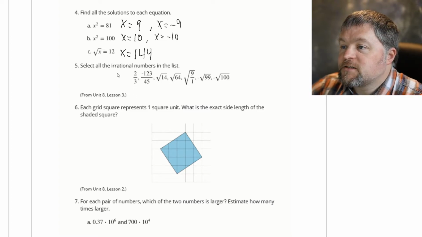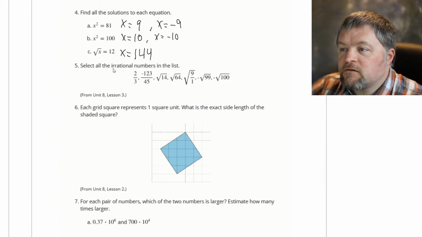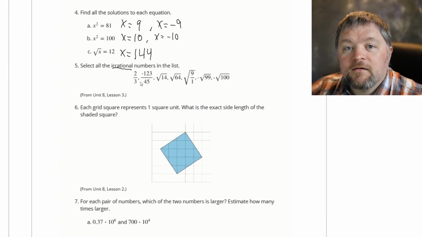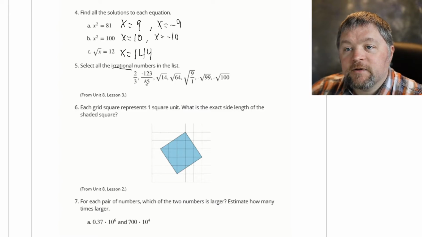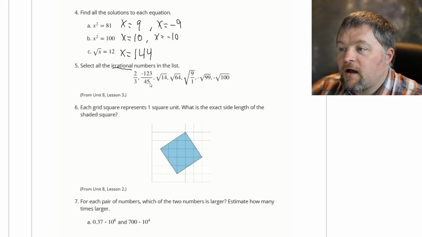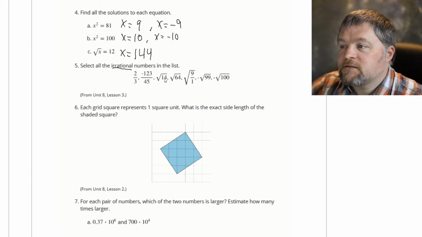The next problem is select all the irrational numbers in the list. Irrational, we remember, means a number which cannot be written as a ratio, a number that cannot be written as a fraction. 2/3, that can be written as a fraction. Negative 123 over 45, that can be written as a fraction, it already is.